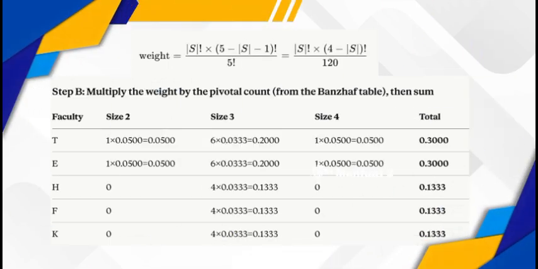To double check this finding, we use a second method, the Shapley-Shubik index. This one looks at every possible order in which faculties could join a coalition, instead of just the combination. The nice thing is, we don't have to start everything from scratch.